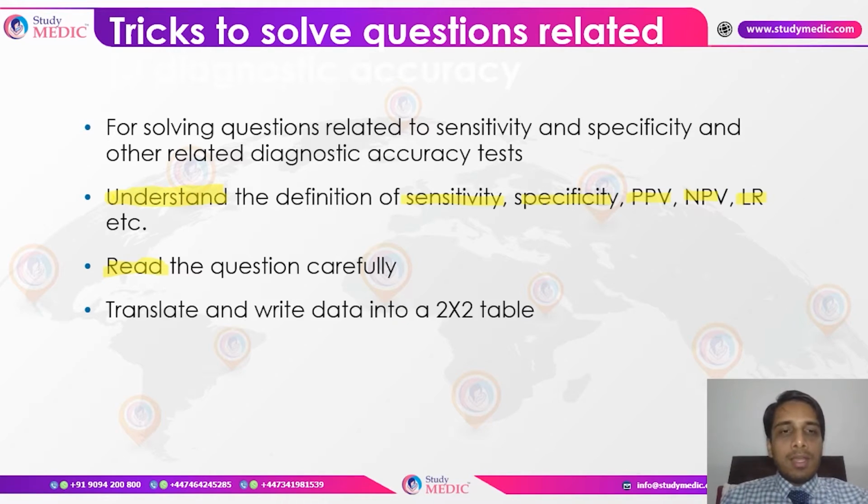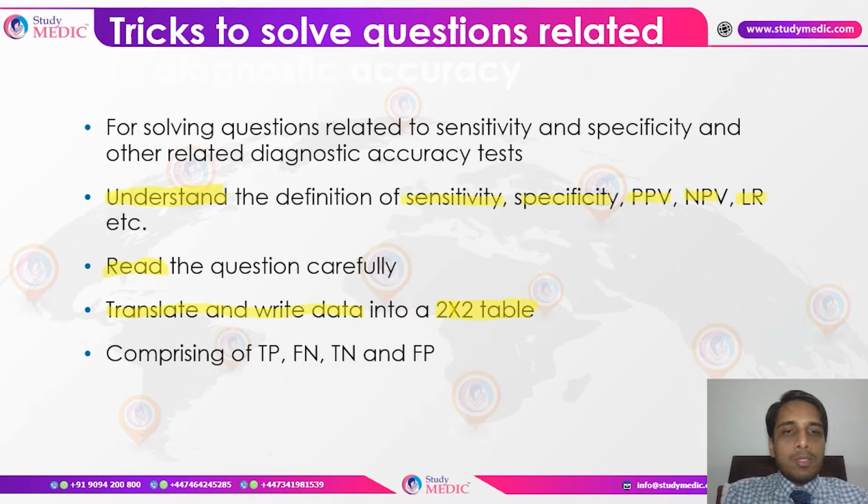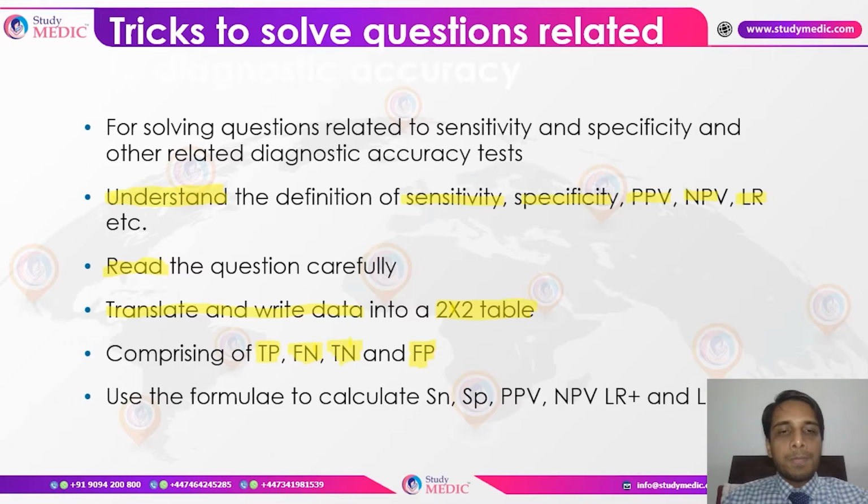Once we do that, we need to translate the data into a 2x2 table, which is very, very important. We will learn further how to do that. The 2x2 table should comprise the true positive number, false negative number, true negative number, as well as the false positive number, and the totals on the rows and columns.